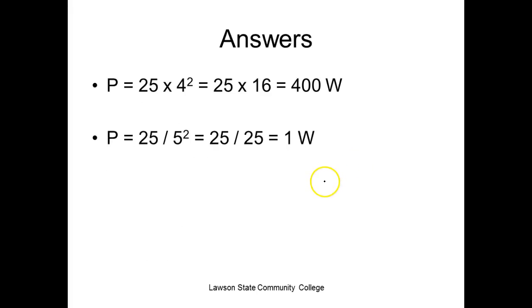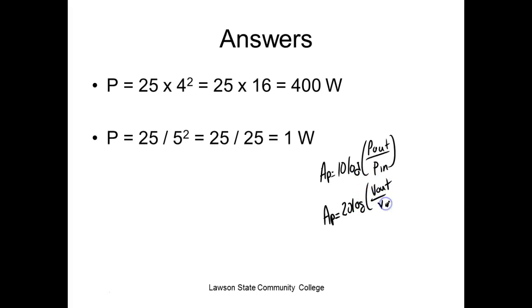AP is equal to 10 log P out over P in, or 20 log V out over V in.